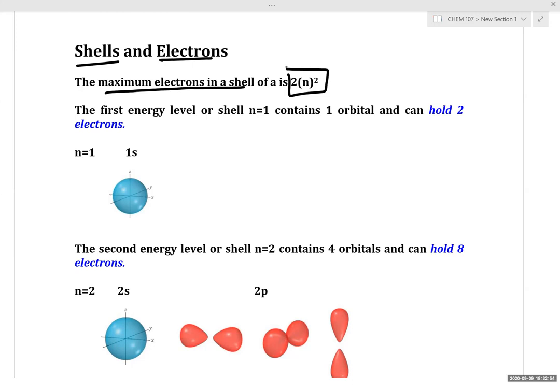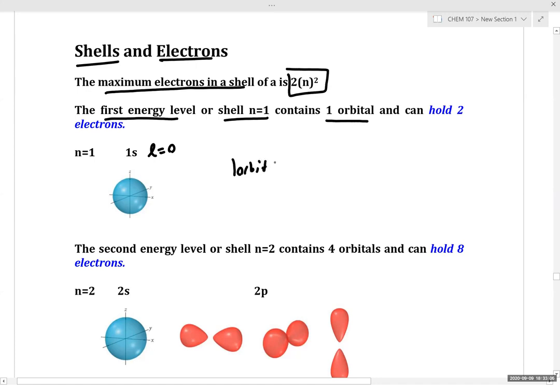So the first energy level, n equals 1, we've seen this idea before. It has one orbital. So n equals 1, we just have our s orbital. Since we have one orbital, and each orbital can hold 2 electrons, our first n equals 1 shell has 2 electrons total.